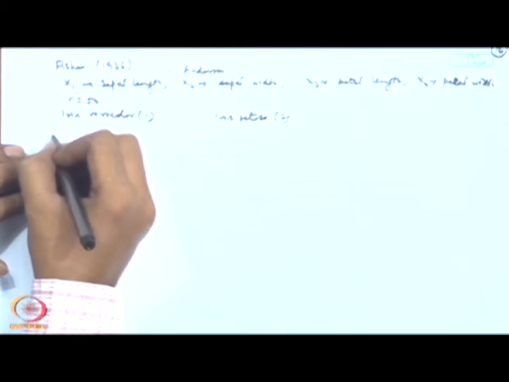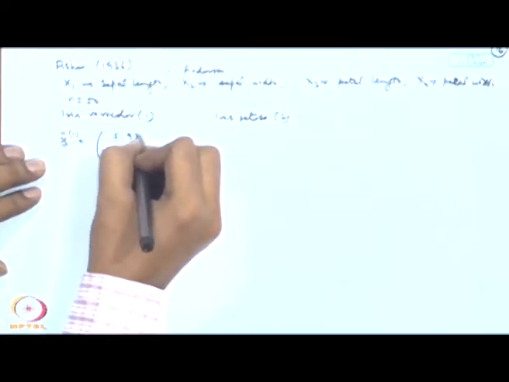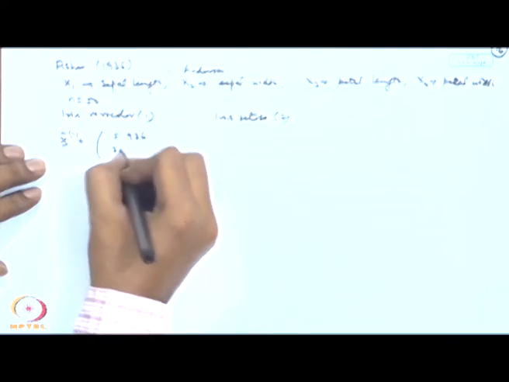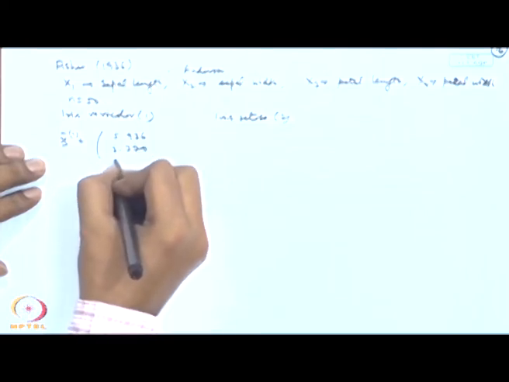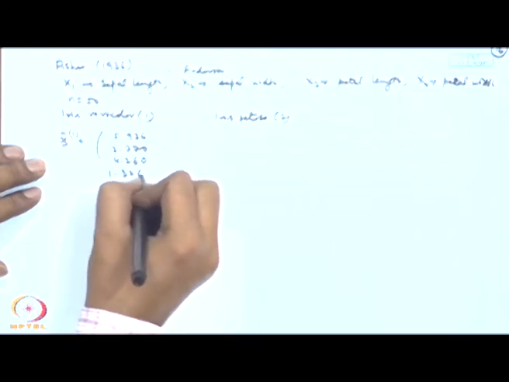The summarized data is x bar 1 equal to 5.936, 2.770, 4.260, 1.326.